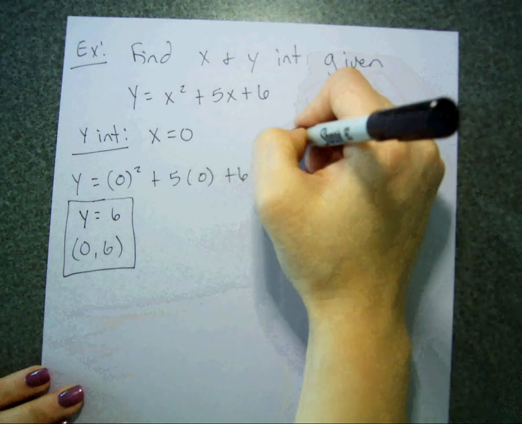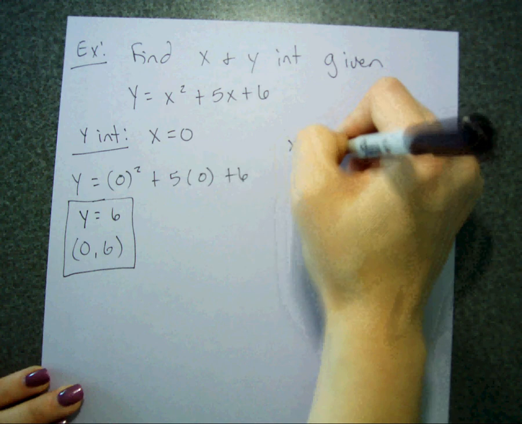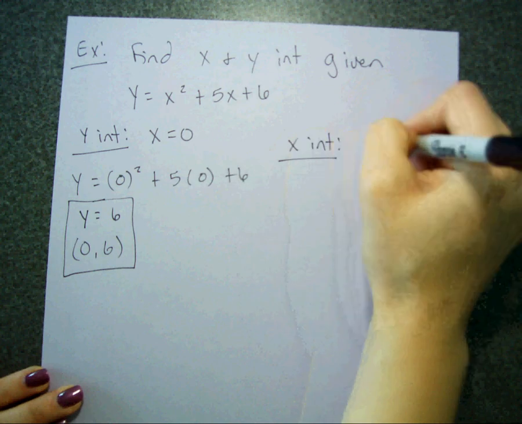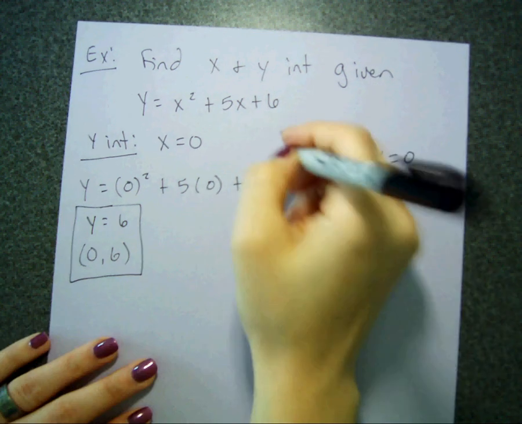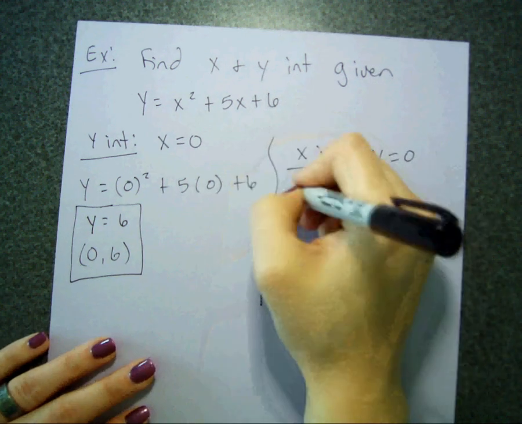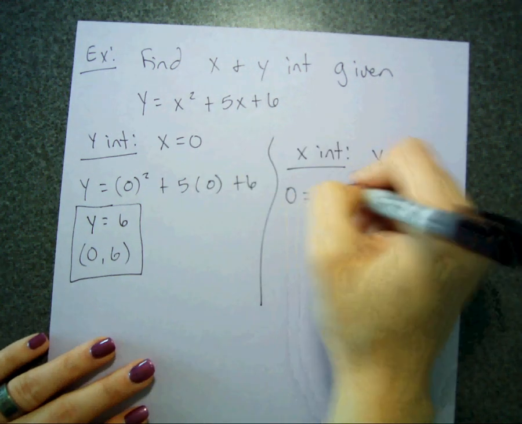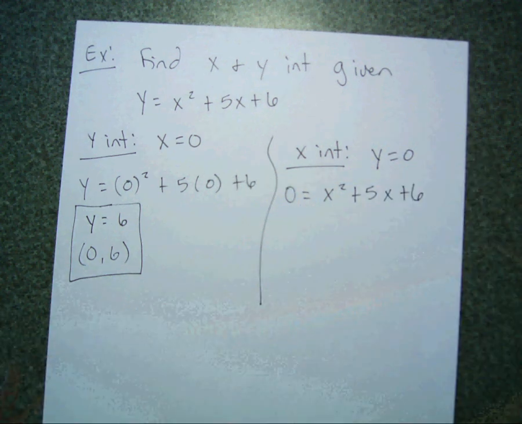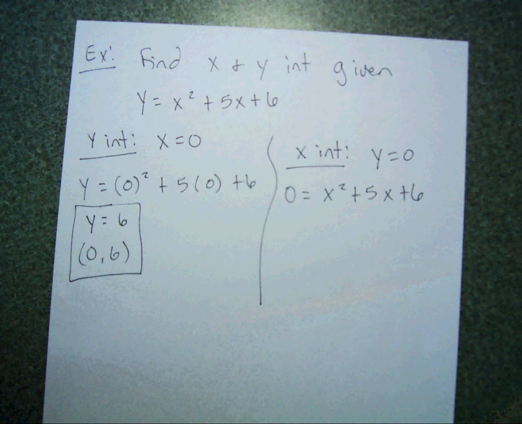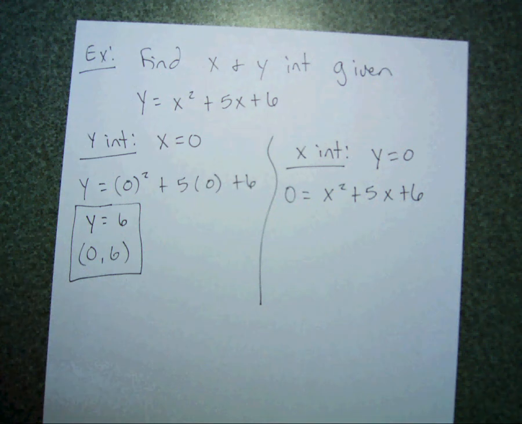And now likewise for the x-intercept, we'll use the property that y is equal to 0. I'm going to plug in 0 for y, and I'll get 0 equals x squared plus 5x plus 6. Now we've looked at how to solve things like this before. How could I possibly solve this?